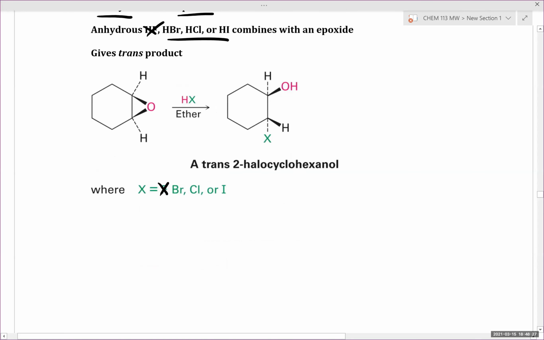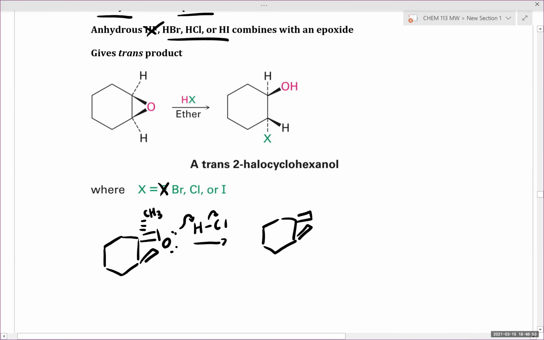Okay, so to talk a little bit about the mechanism, this is just a classic rehash of the acid-catalyzed epoxide opening mechanism. And what I want to do now is show this example when we have a more substituted position. So in our first step, we're going to protonate the epoxide.